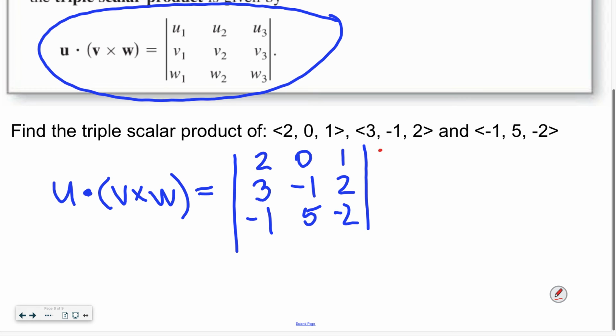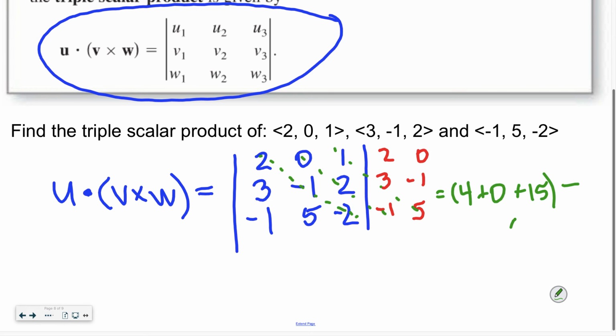Okay. So, copy paste. What's nice about the triple scalar product is we don't have to keep track of those i's, j's, and k's. We just have numbers. So we have plus 0 plus 15 minus the sum of 1 plus 20.